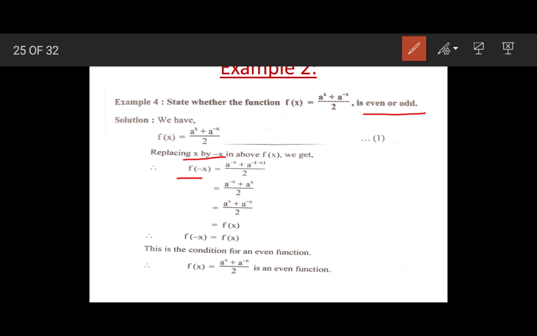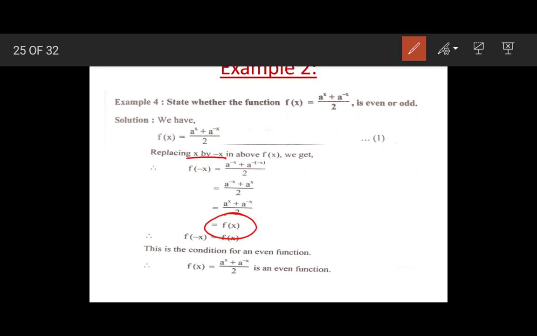So f of minus x will be, replace x by minus x. So a raised to minus x plus a raised to x upon 2. So that is equal to a raised to x plus a raised to minus x upon 2, right? Which is nothing but f of x. Now replacing x by minus x, I am getting the same term, right?